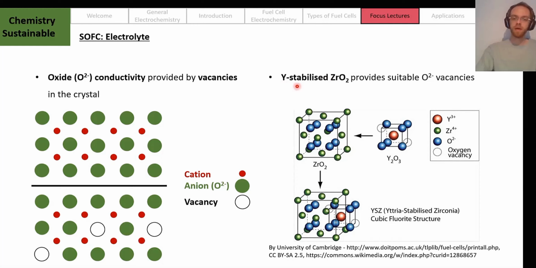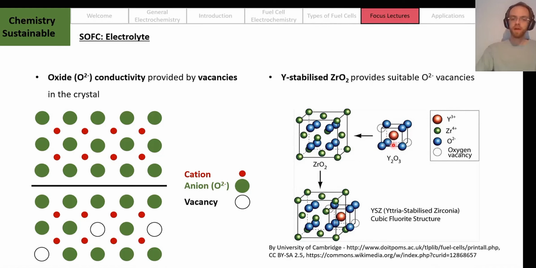We now add yttrium to this structure, and yttrium oxide again has oxygens which are oxide ions, 2-, giving us 3 times 2-, or overall 6- charges. And we have 2 yttrium, so that means each yttrium will have 3 positive charges.